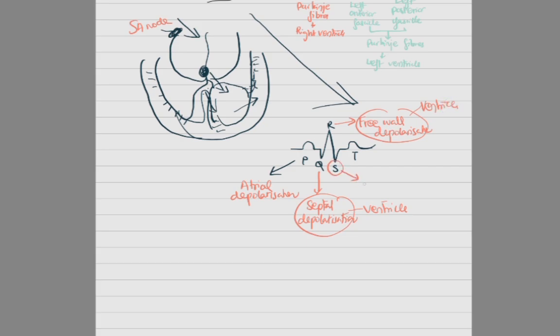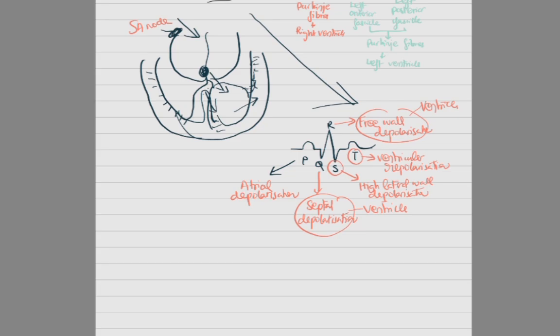S is the high lateral wall depolarization. And finally the T wave is the ventricular repolarization wave. So these are the normal PQRST complexes. So how is it generated?